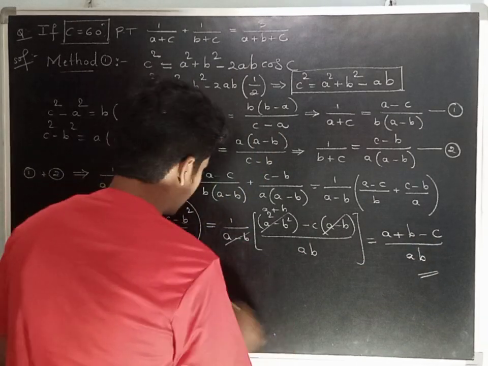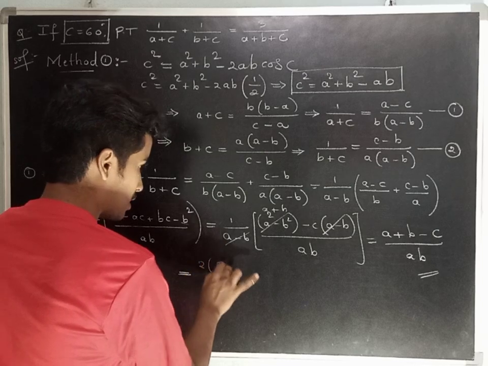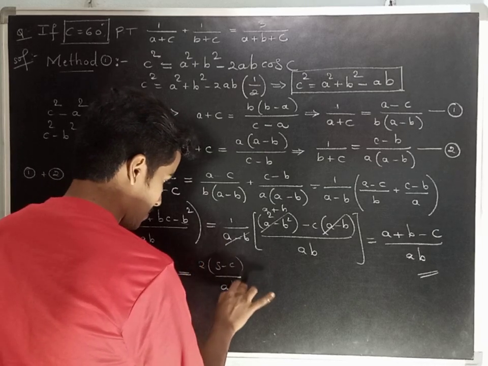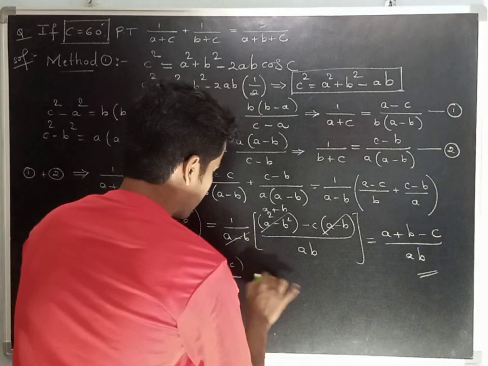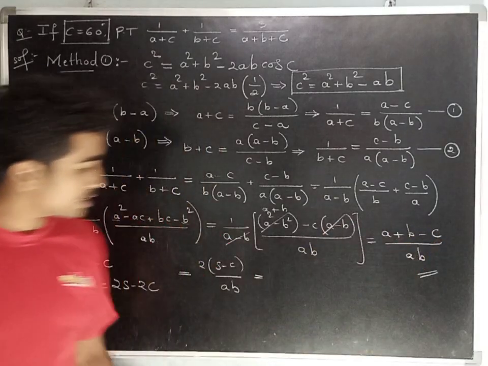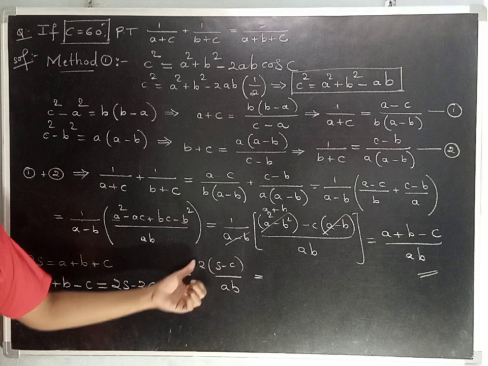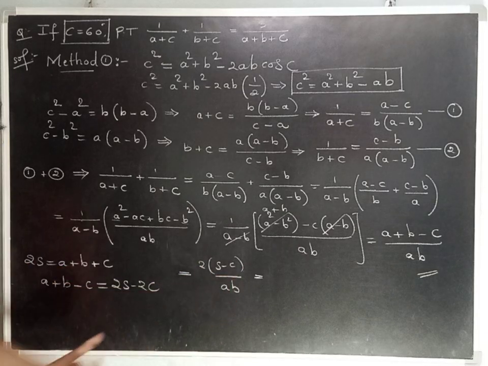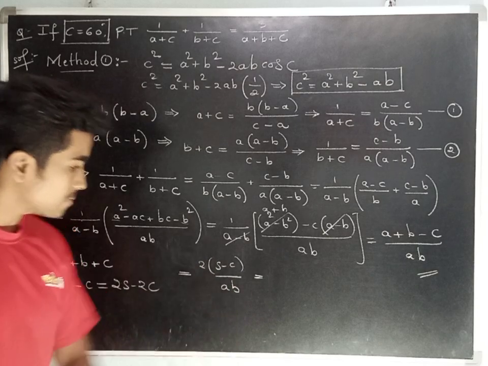Finally, we are going to get 2 into s minus C by AB. A plus B minus C can be written as 2s minus 2C. Taking 2 common, we get 2 of s minus C. I have simplified here: A plus B plus C is equal to 2s, and A plus B minus C is 2s minus 2C. So 2 into s minus C by AB.